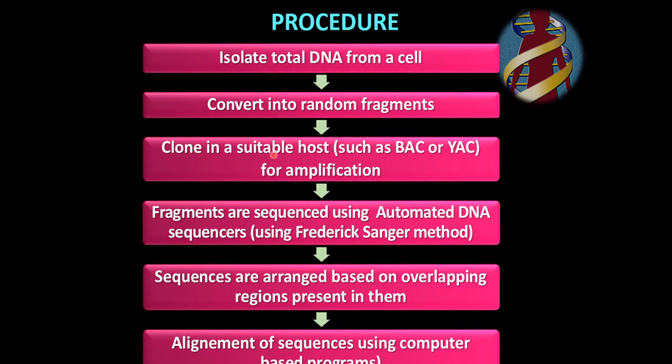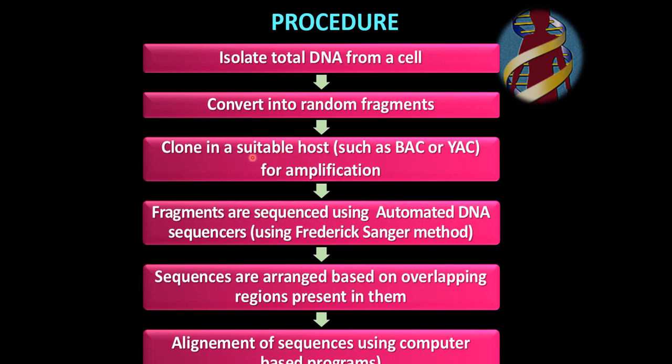Then clone in a suitable host. In the biotechnology unit of your 12th class, you will get to know about the cloning method. What is cloning? Cloning means these random fragments of DNA which have been taken from a cell will be cloned, or you can say transferred, to a suitable host.